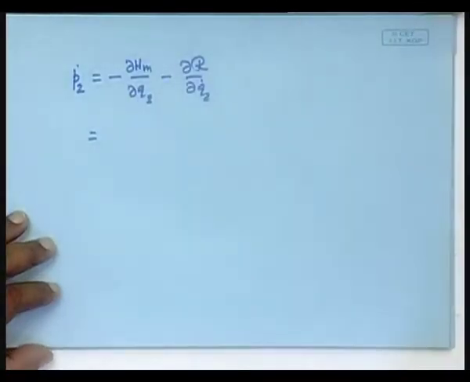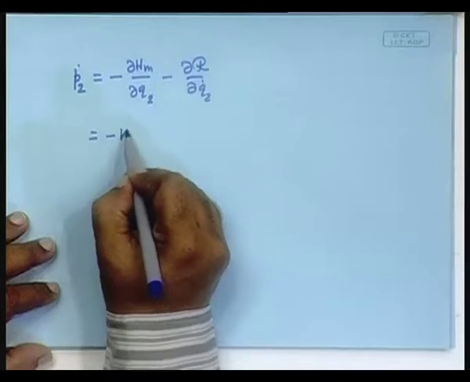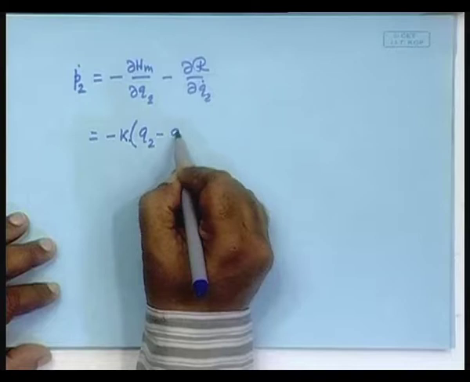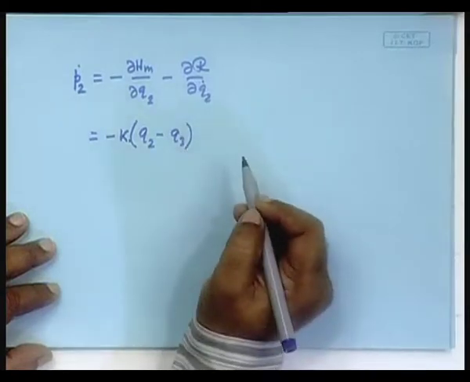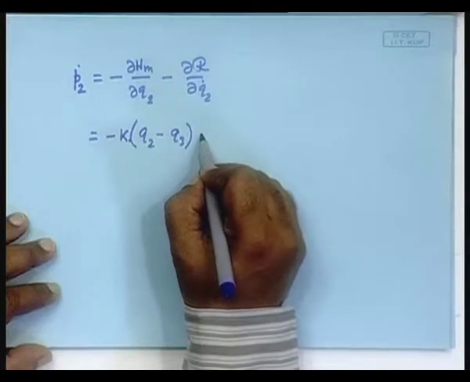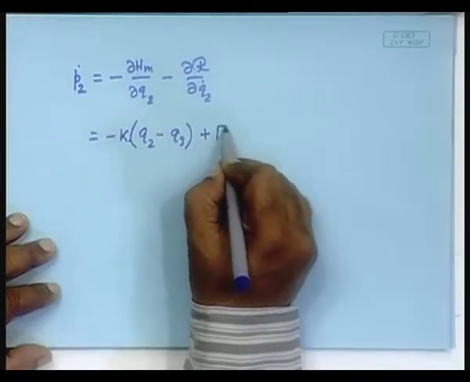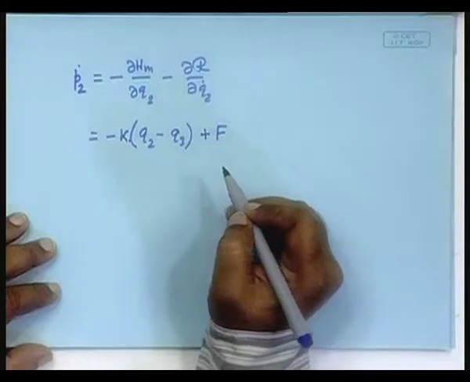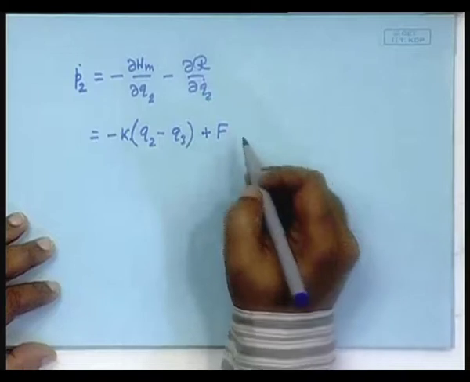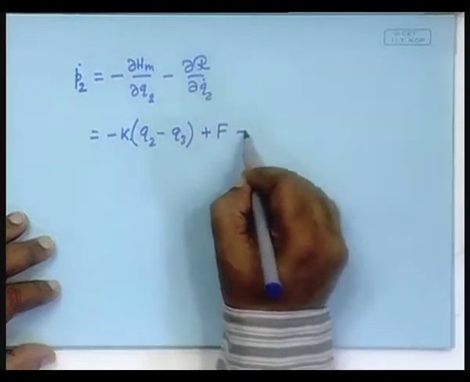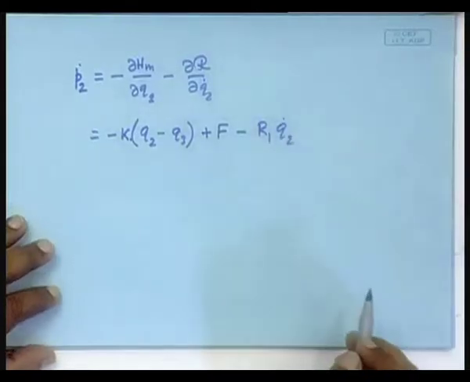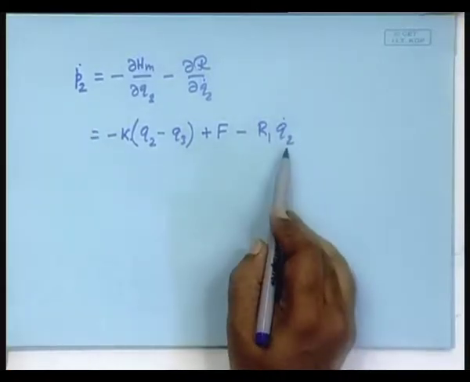So, you write them down carefully: minus k (Q2 minus Q3), plus F, and this term minus R1 Q2 dot, and then this has to be substituted.